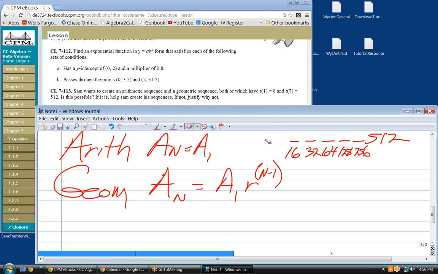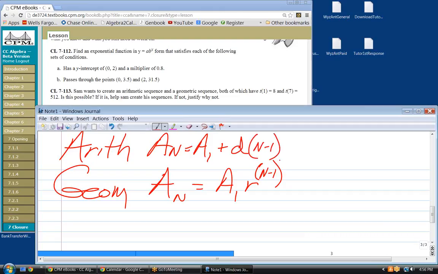Notice that everything is based off of the first term: a sub 1 plus the common difference multiplied by n minus 1. Notice the n minus 1 in both expressions. The key in this one is d, the common difference between each term in the sequence, and the key in this one is r, which is the common ratio between each term.